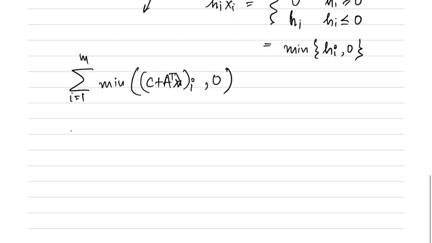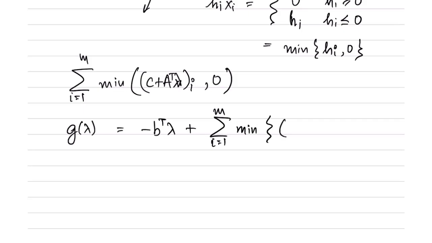Then the dual function is given by g of lambda equal to minus b transpose lambda plus summation over i equal to 1 to m of minimum of (c plus A transpose lambda)_i comma 0. So this is the dual function.